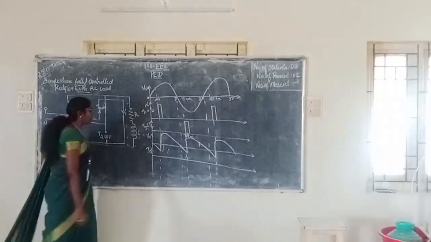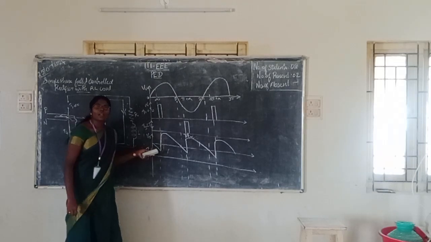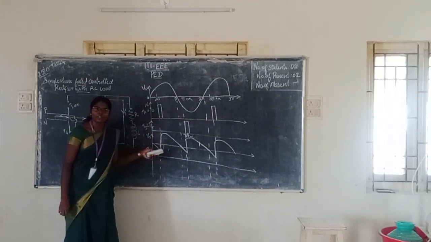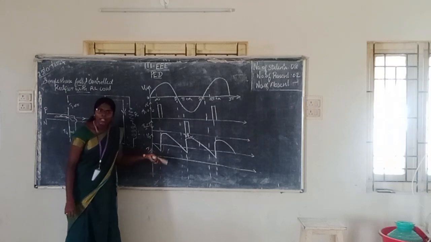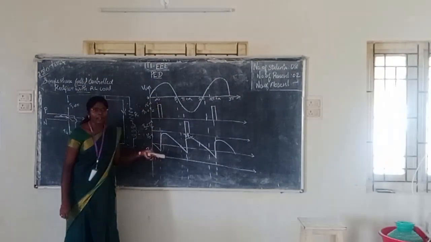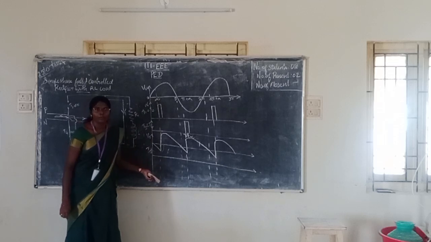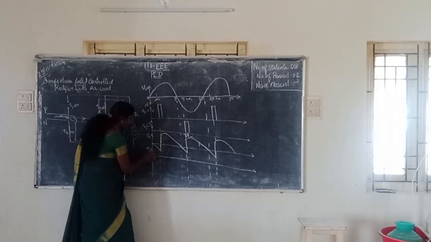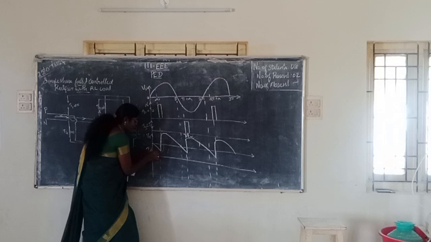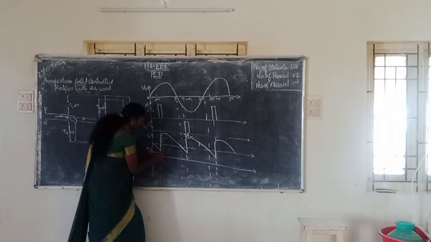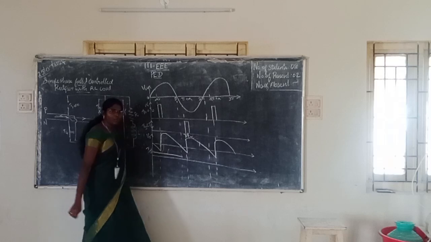And now, how will the current flow? What is happening? During the reverse condition also there is some flow of voltage, which means there is some flow of current. So the current won't go to 0 or go negative. Since there is a supply voltage, current will be there.